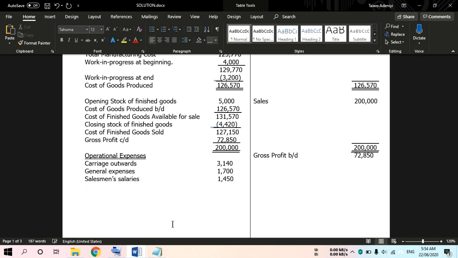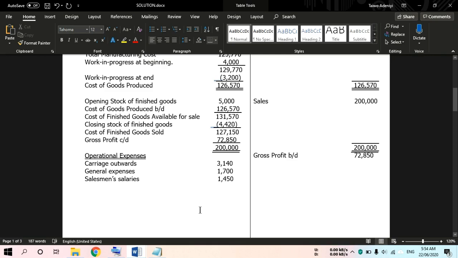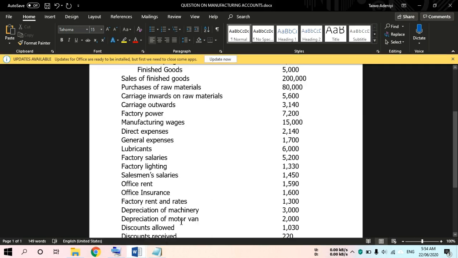1,450. Next, okay, we have the office rent, and that is 1,590. Good. Next is office insurance, and that is 1,600 naira.